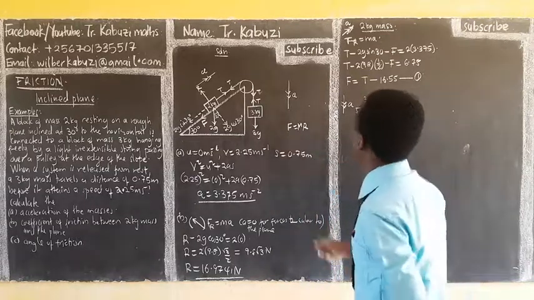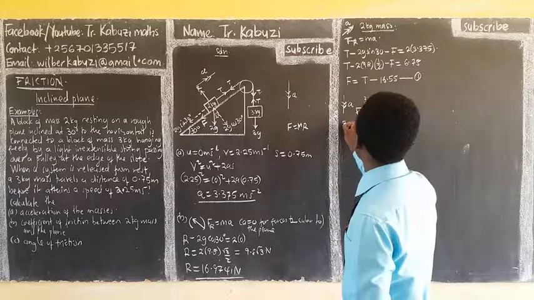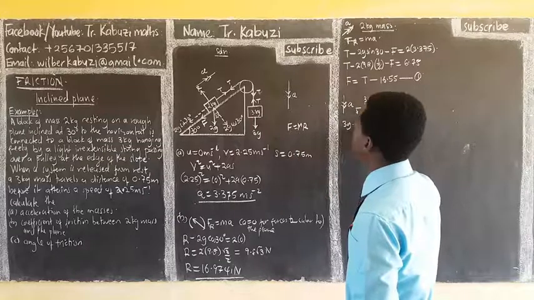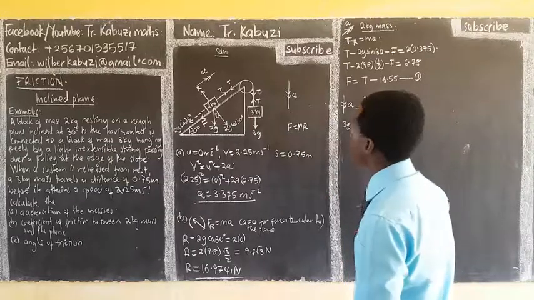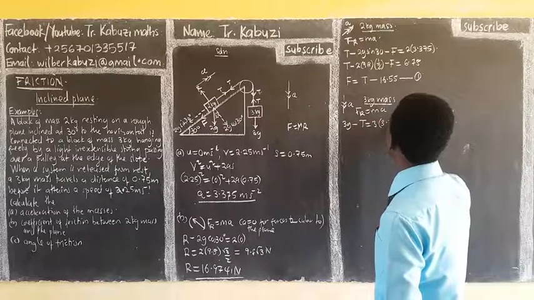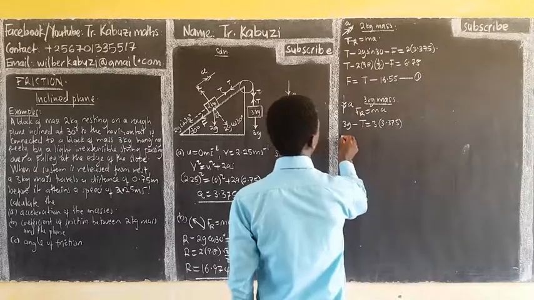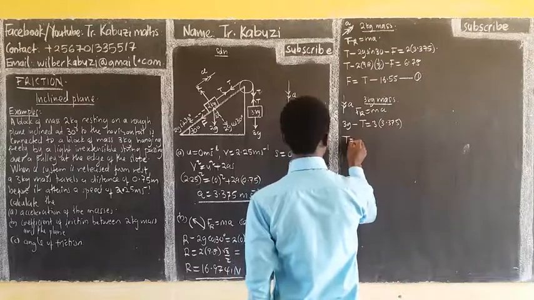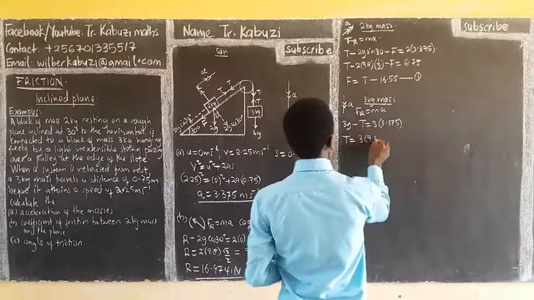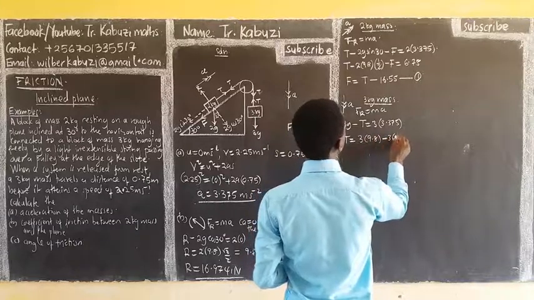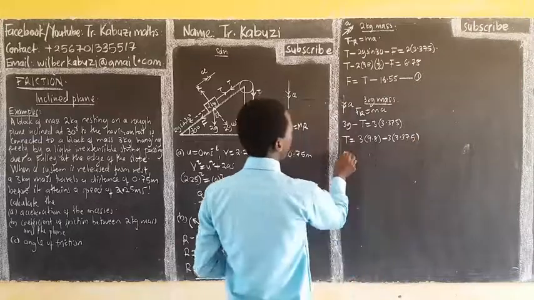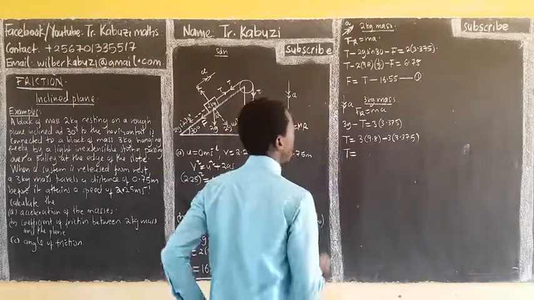So our resultant force is going to be now 3g minus the T equal to the mass, which is 3, and the acceleration, which is 3.375. And from there, our T is going to be, when you take this side and bring this side, 3 into 9.8 minus 3 into 3.375.